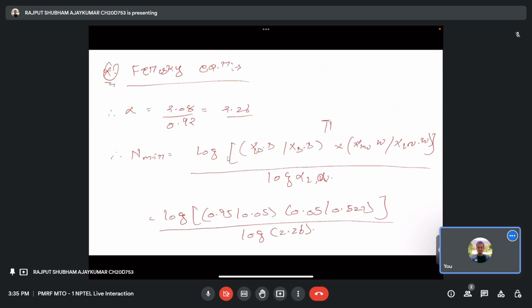Or this can also be written as log of x of LD over x of LW, divided by x of HD over x of HW, whole divided by log of alpha L.